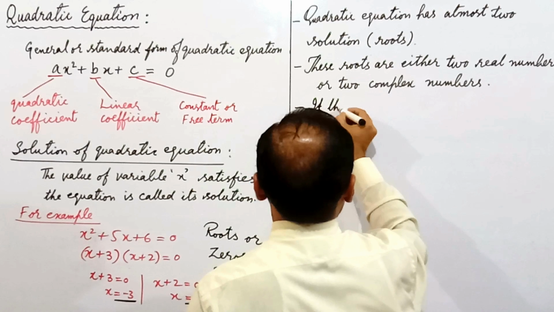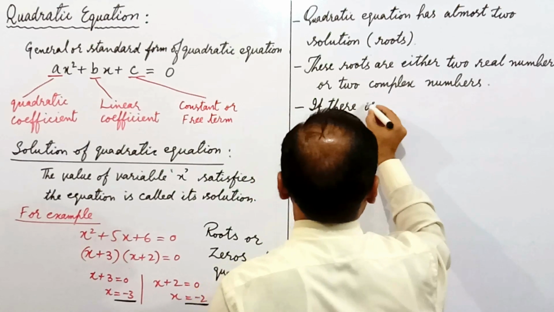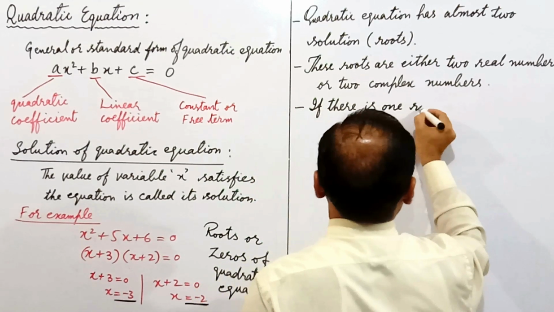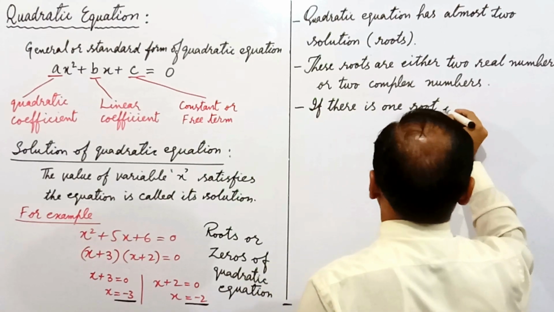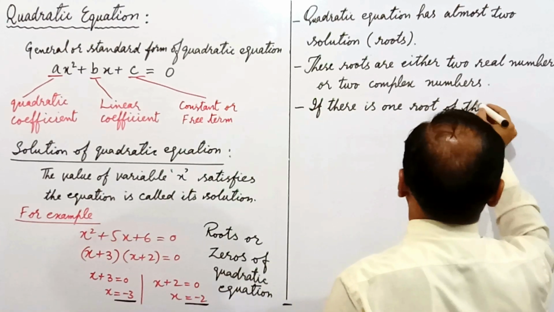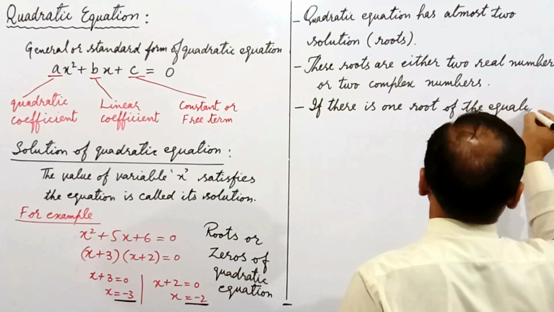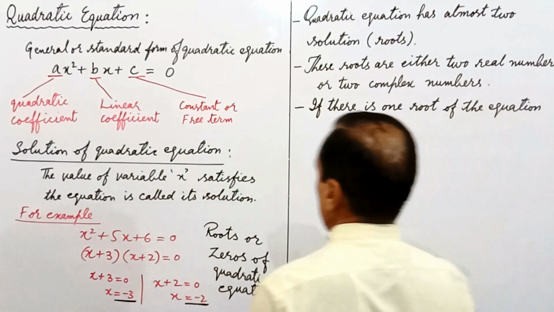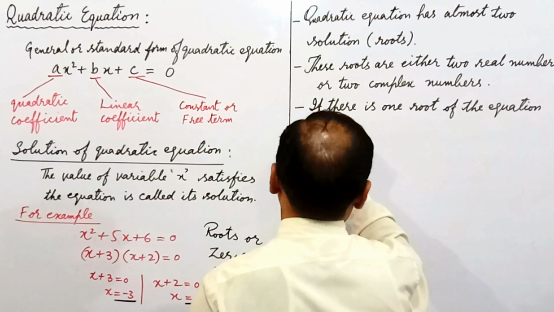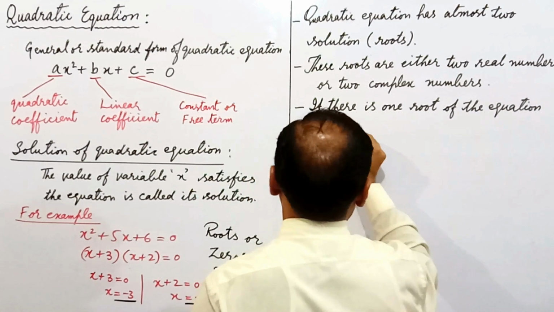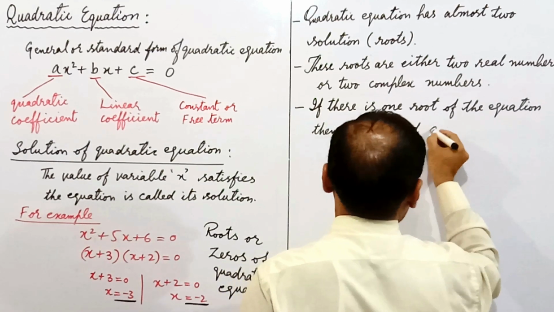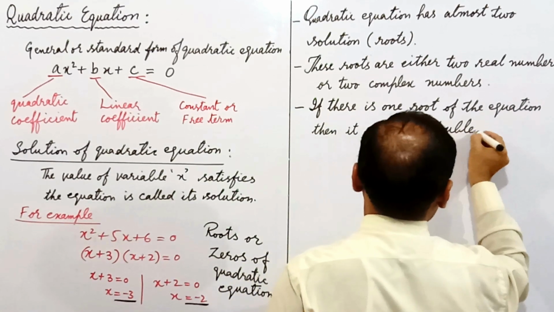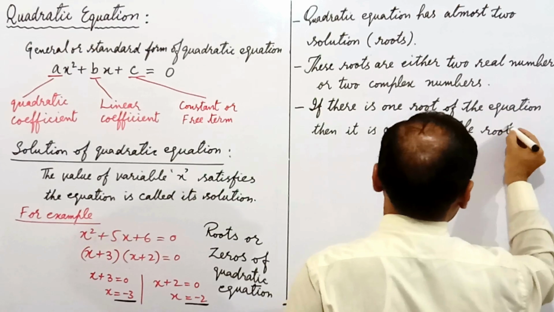If there is one root of the equation, then it is called a double root.